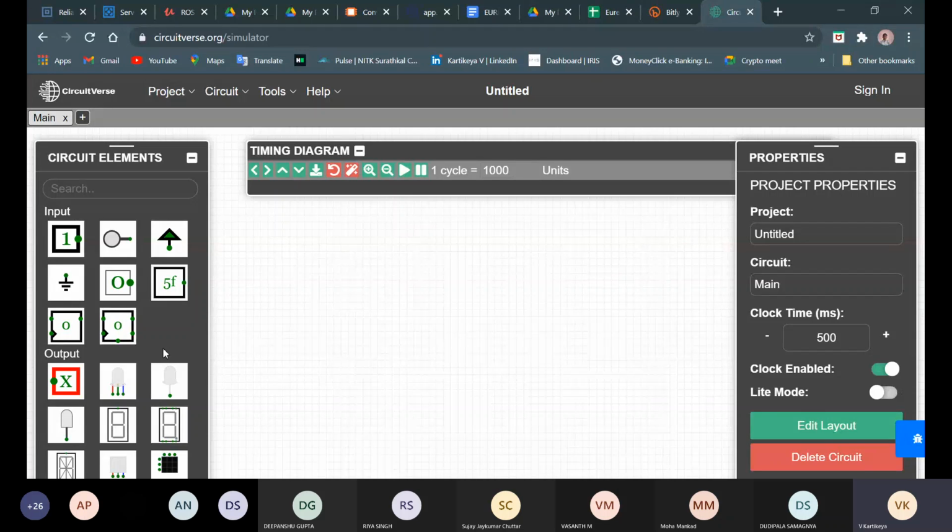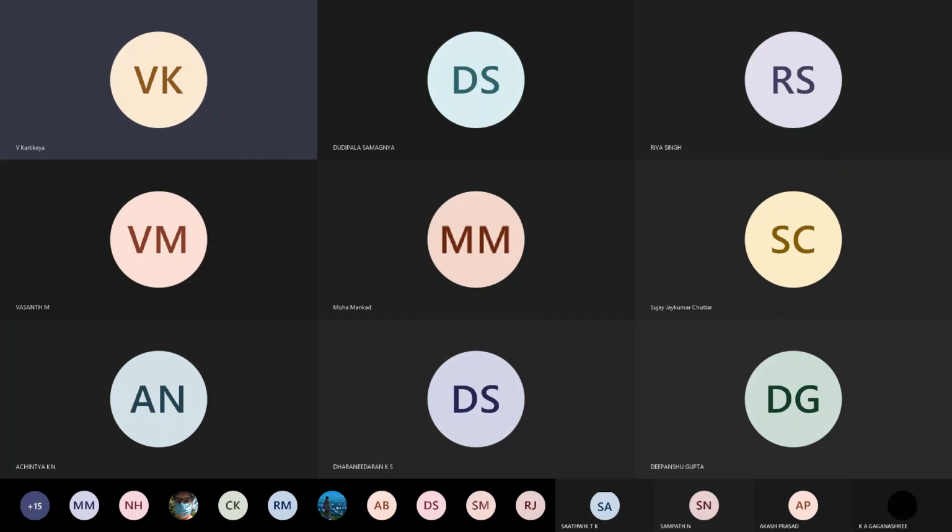Organizers also, please check and let me know. Okay, fine. It's not working for me. So I'll open a similar application called Logisim. It's similar to Circuitverse, but it has a different user interface. So let me share the screen for that.